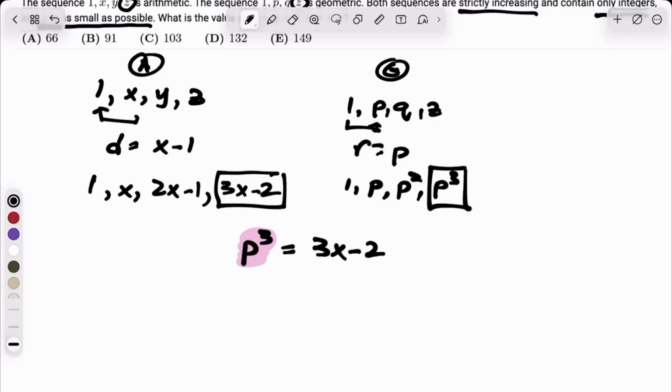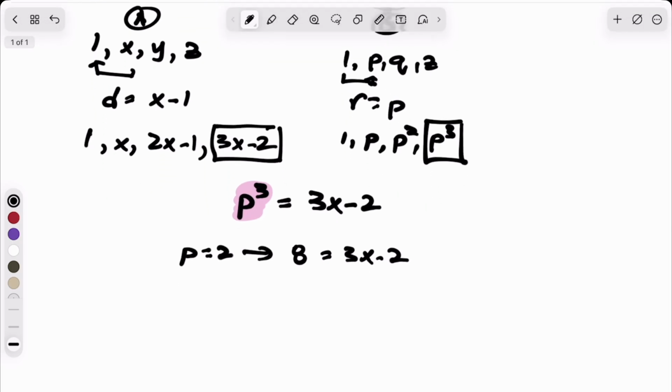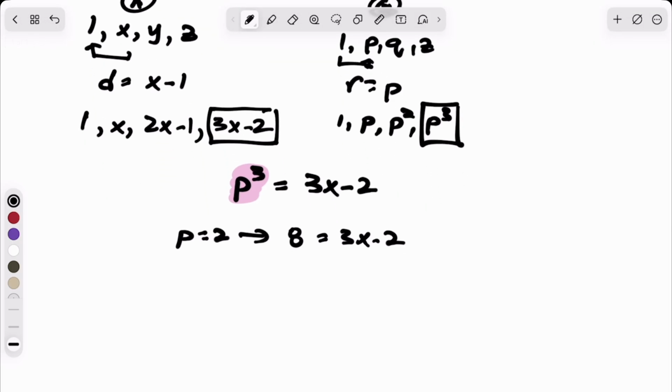So let's just try p equals 2. This gives us 8 equals 3x minus 2. I'm going to leave that as trivial to show that the value for x is not an integer because I get 10/3 for x, right?